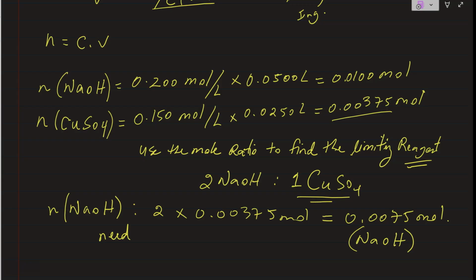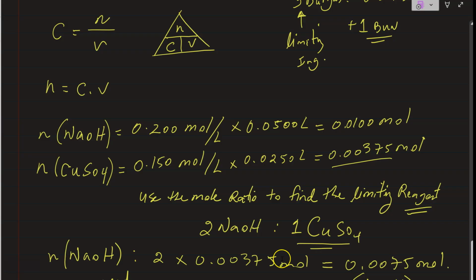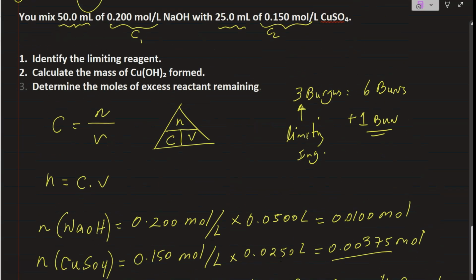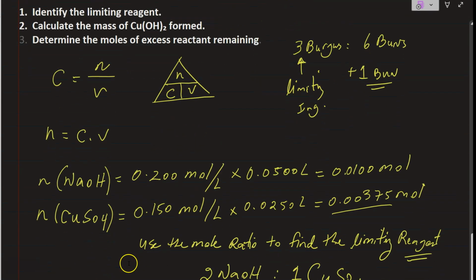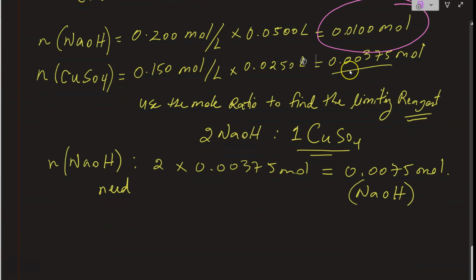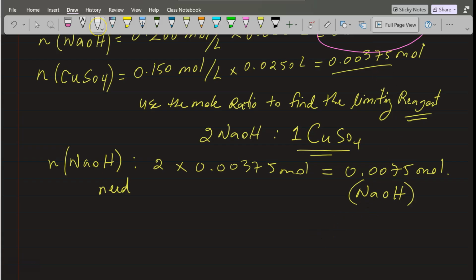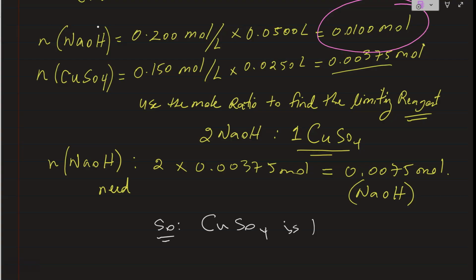Now that we have this, we're going to compare. Originally, how many moles of NaOH did we have based on the volume and the molar concentration? Here it is, 0.0100 mole, but that is more than 0.0075 mole. So that is in excess, that's too much. That tells us copper sulfate is the limiting reagent. Okay, so that's what we know.